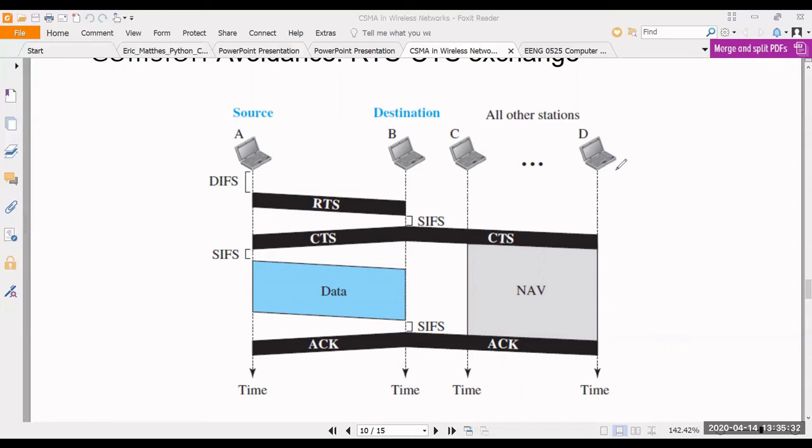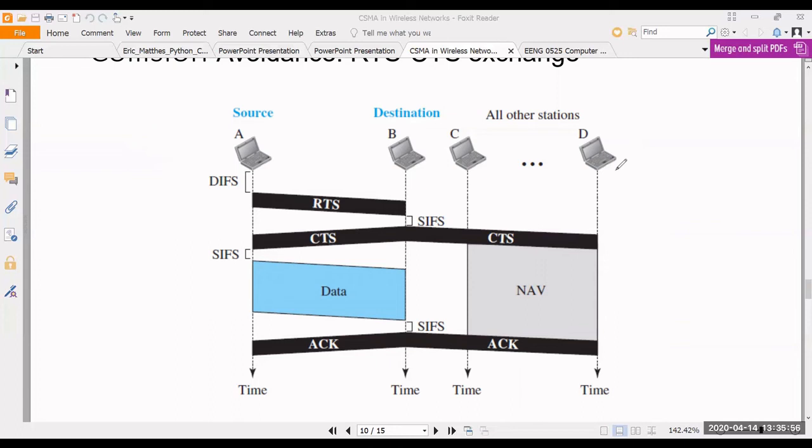So what happens is that A wants to send to B. That is A's specific target. But there are a lot of other stations on the wireless channel. Because A wants to send, we don't immediately throw whatever we have onto the line.